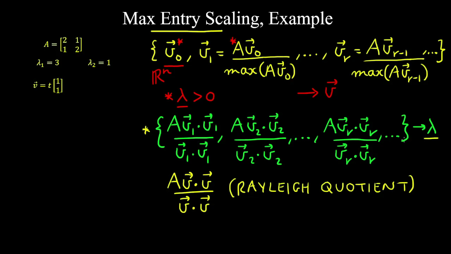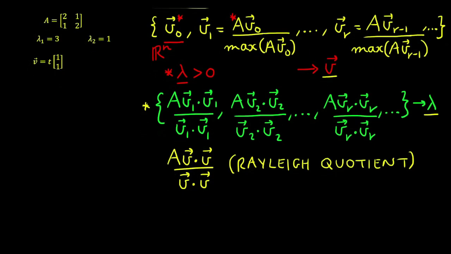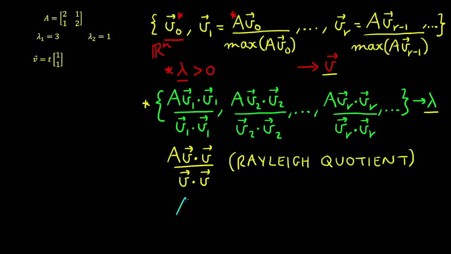So if lambda is an eigenvalue of A and V is a corresponding eigenvector, then using our eigenvalue equation, we have AV is equal to lambda V, and then taking a dot product between these vectors and the vector V on both sides, and dividing through by the dot product.